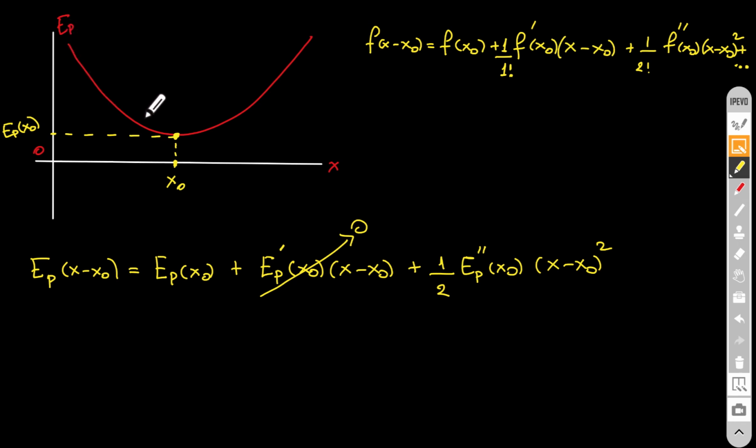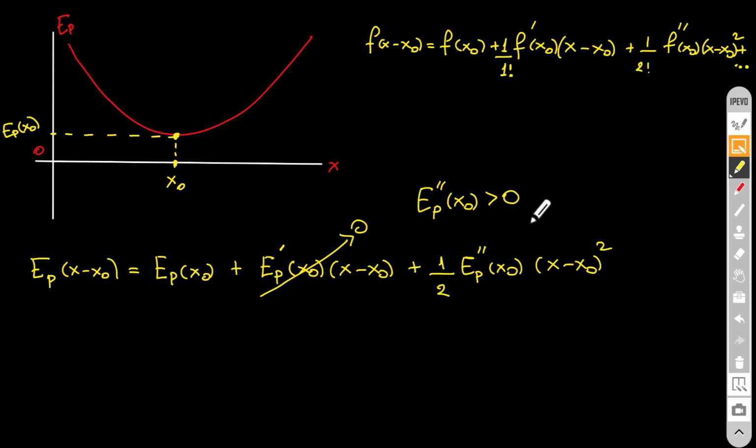That means that according to this graph, the second derivative of the potential energy at x naught will be a positive number. Okay, and whenever the second derivative is a positive number, that's how you know that you have a minimum.